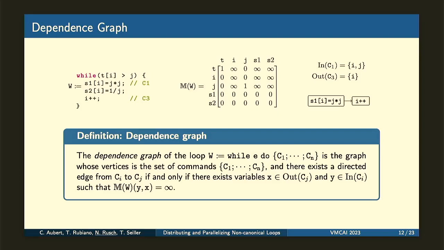In the graph, the statements are vertices, and then we need to determine if we should draw a directed edge between the statements. It's going to be if we have an in variable and an out variable, and it happens to have an infinity in the matrix. So if we look at the variable I on the vertical, I mean the top row, but vertical, you see I, and then the I on the horizontal, there's an infinity.